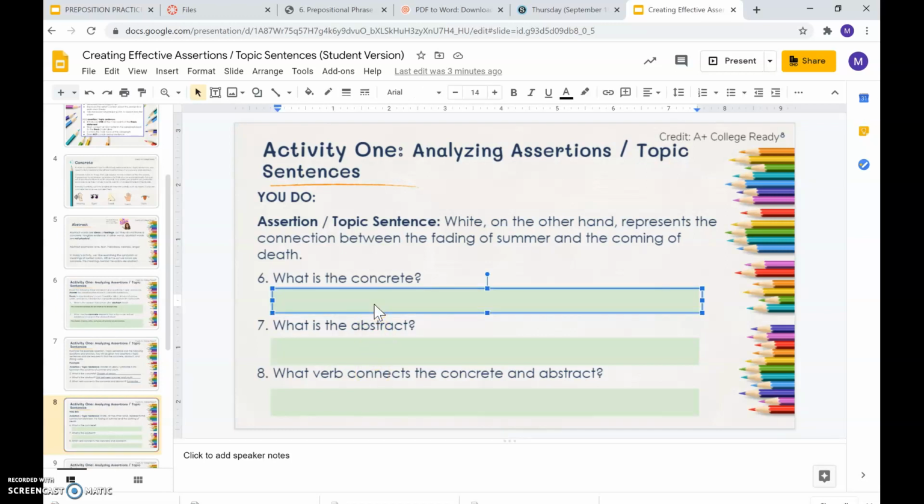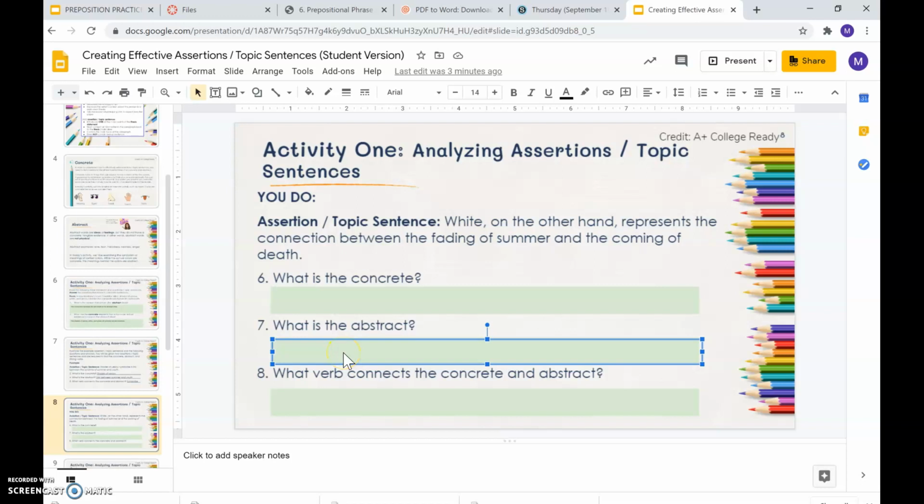What can I see in this? So what color is the focus? Number 7, what is the abstract? What does the color represent? What does it symbolize? And then what verb connects the color to the symbolism?